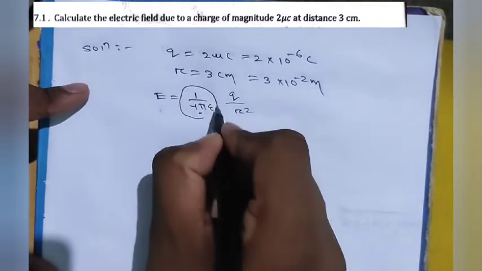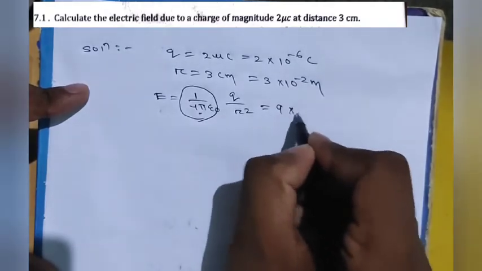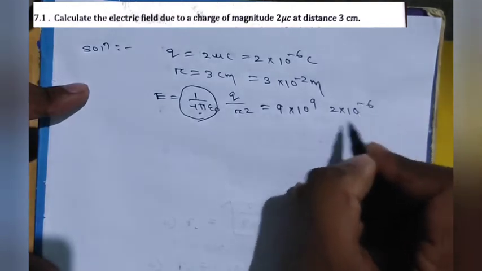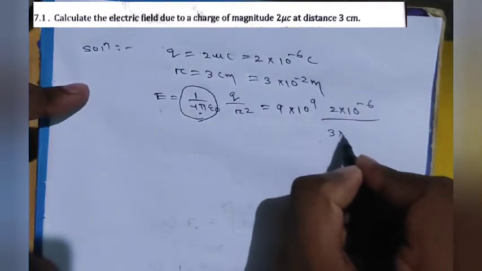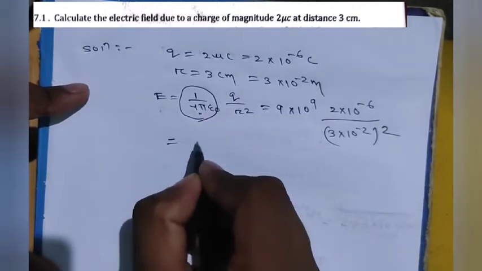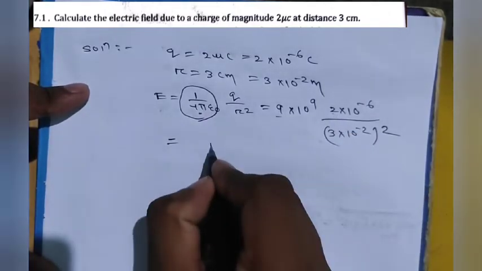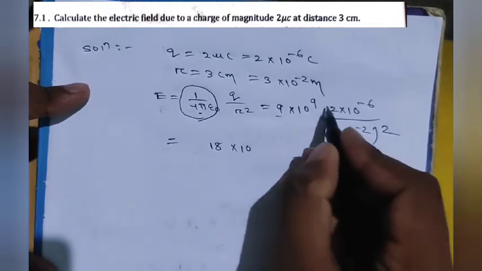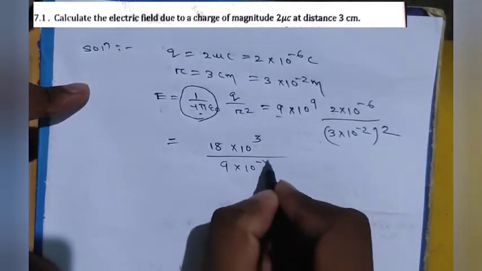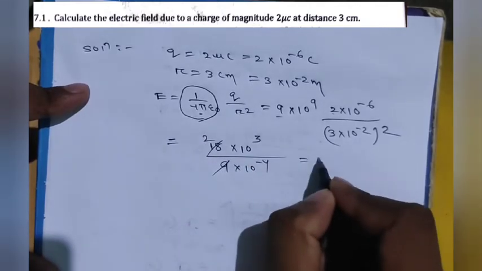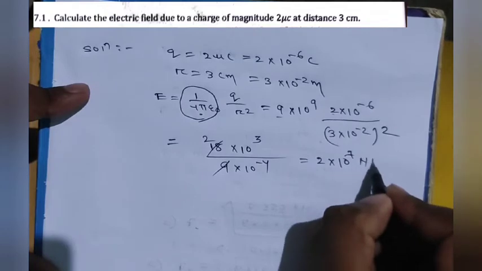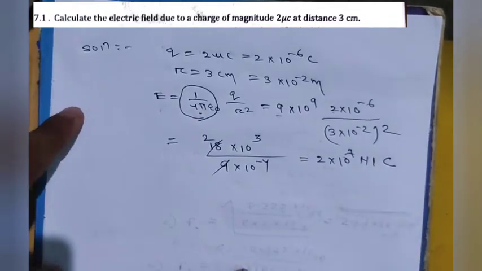So we know the value of 1 by 4 pi epsilon 0 is how much? 9 into 10 to the power 9. Q is given 2 into 10 to the power minus 6 and r is given 3 into 10 to the power minus 2, squared. So when we simplify, 9 into 2 will be 18 divided by 9 into 10 to the power minus 4. So this will be 2 into 10 to the power 7 Newton per Coulomb. Is it clear?